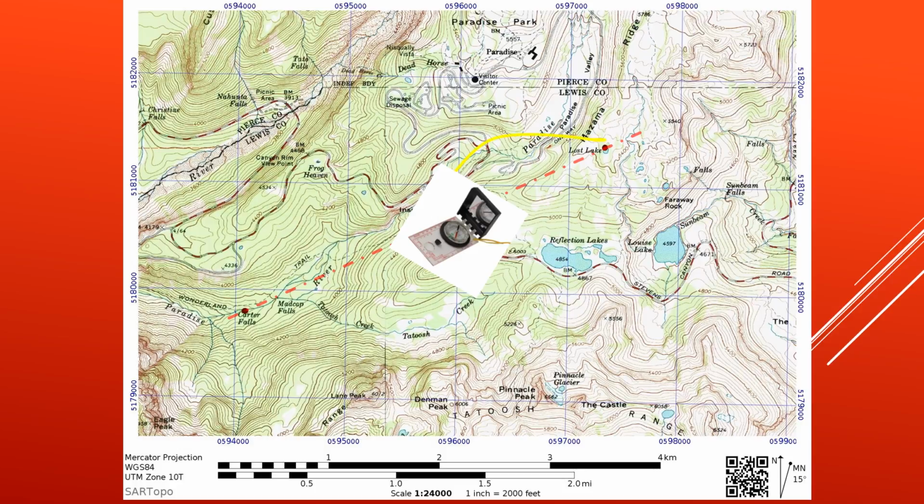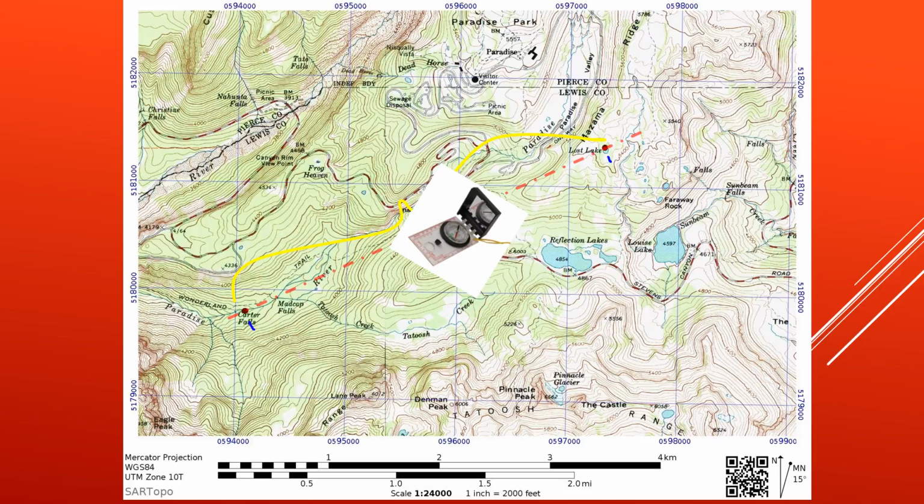Next thing we want to do is measure the distance between here and here. We can do that either by laying out the compass and measuring the distance, and sometimes the compasses have the appropriate scale on them, sometimes they do not.